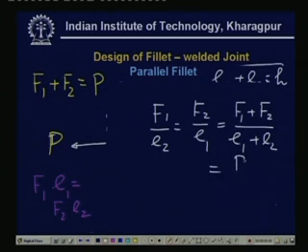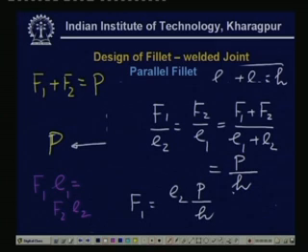So, this is equal to P divided by h. Now, we select F1 to be E2 times P by h.